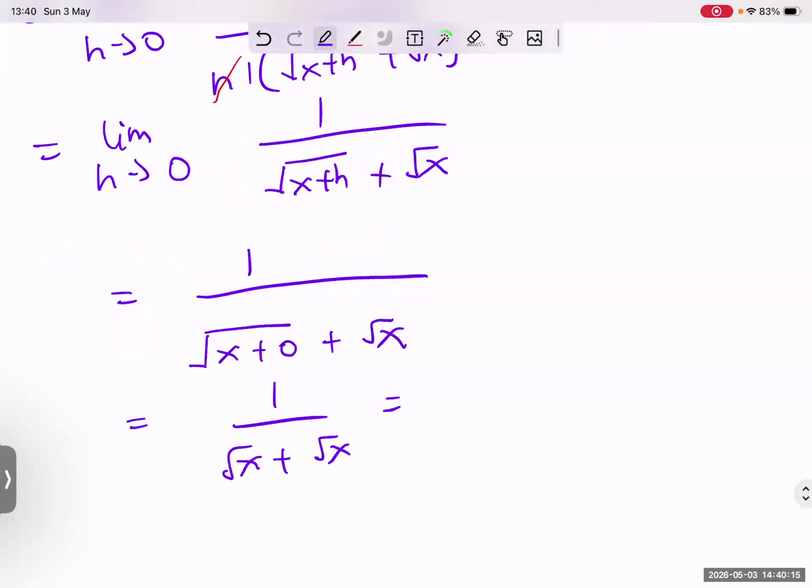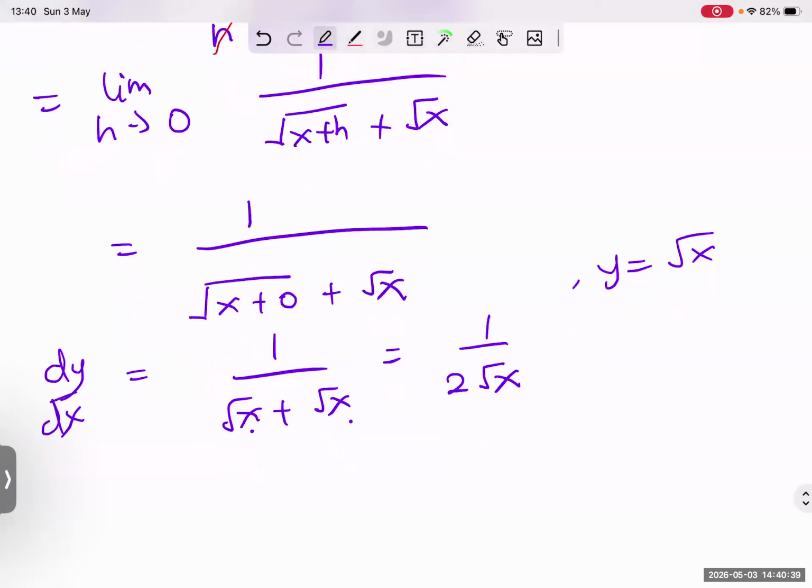And that is root of x plus root of x, that is 2 root x. So the answer, given that y is equal to square root of x, is 1 over 2 root x. This is the answer we get when we use the first principle of derivative.